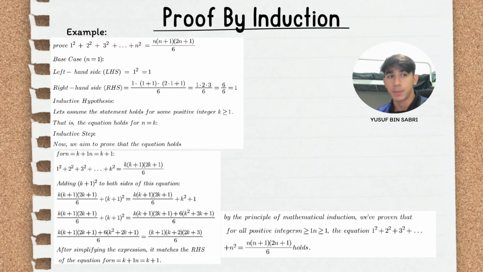By the principle of mathematical induction, we've proven that for all positive integers n, the equation 1 squared plus 2 squared plus 3 squared plus ... plus n squared equals n times (n plus 1) times (2n plus 1) divided by 6 holds. Okay, that's all for me.